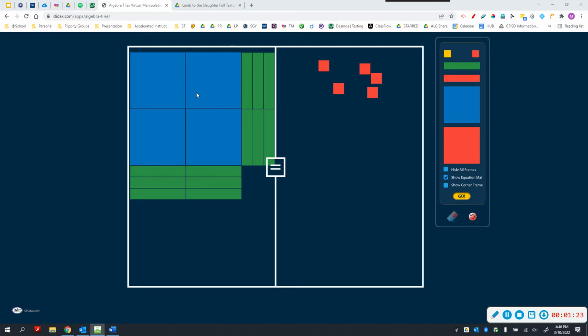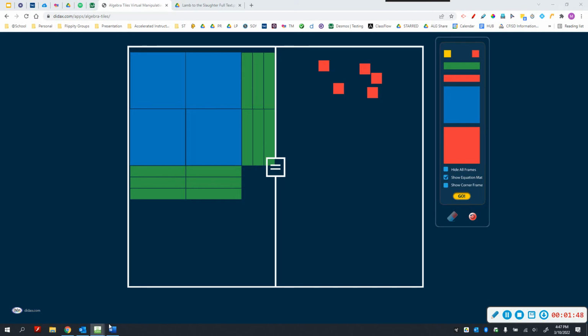This is the square that I'm completing. I took my 4x squareds and my 12x's and arranged them as close to a square as I could get them while following the rules of tiling. But it's not a complete square because I'm missing some stuff. What do I need to add to complete this square? Well, what I need is 9 ones, okay? So that's the equation that I have written down now.